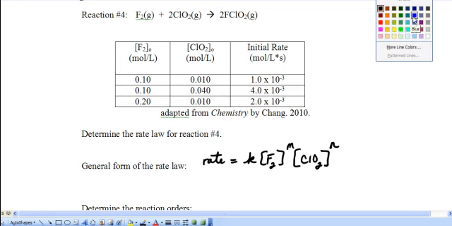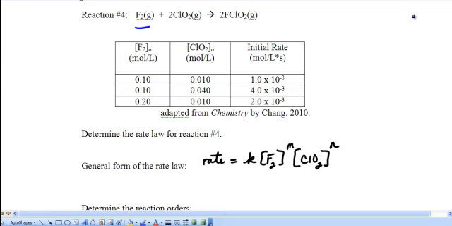Now we want to determine the reaction orders. Let's go ahead and do the fluorine, say in blue. If we have experiments 1, 2, and 3, the two experiments where you keep the ClO2 the same but you double the fluorine are 1 and 3. And so here, you multiply the fluorine by 2.